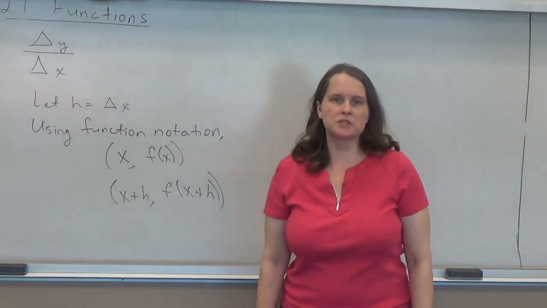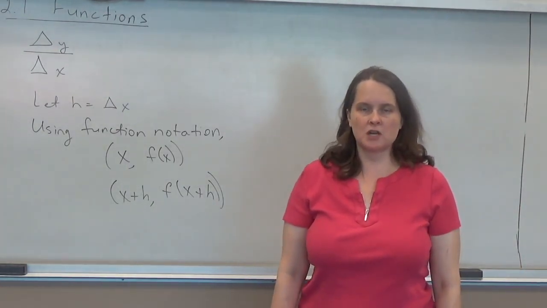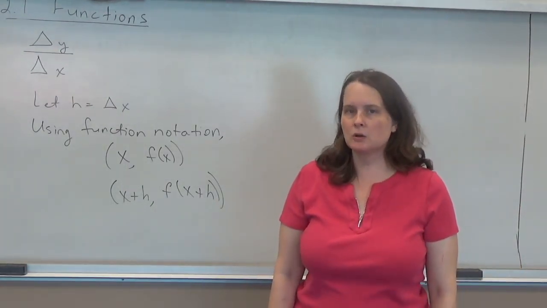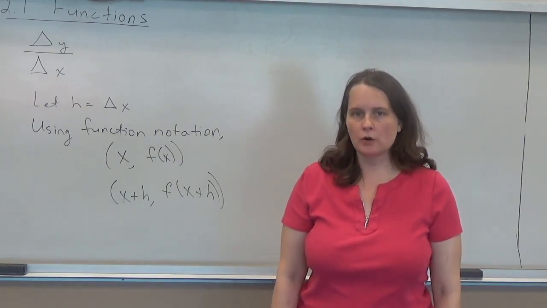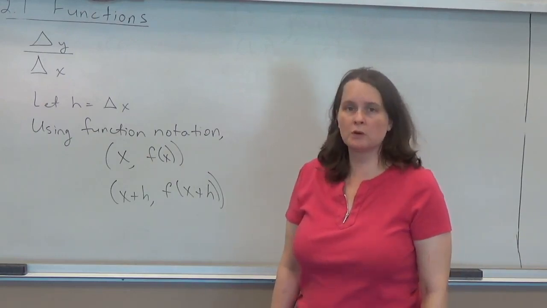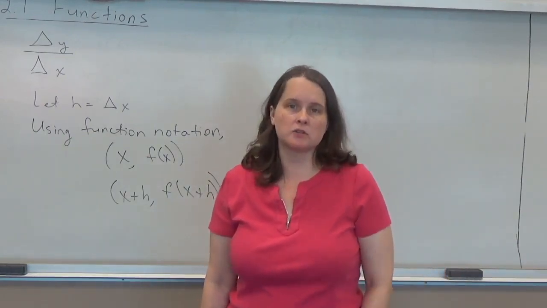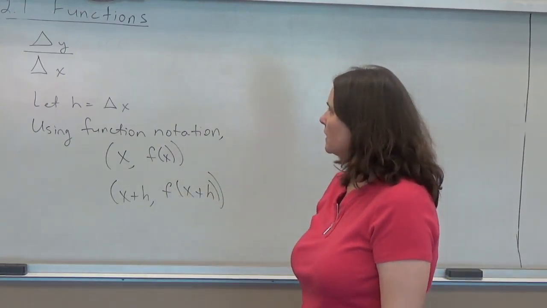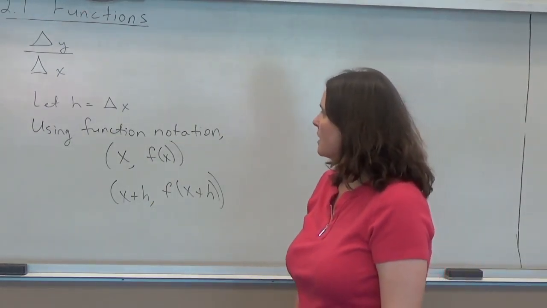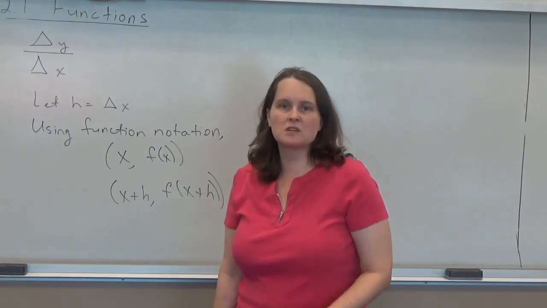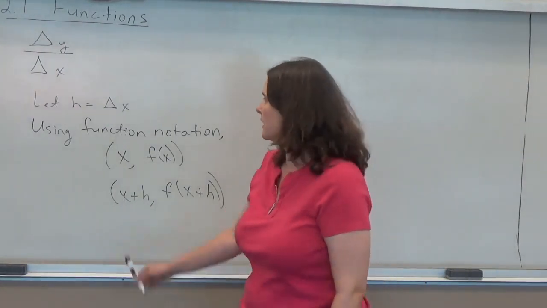So with the example that we just did using average rate of change, we were still working with a linear model. If we want to extend that to a curve, we're going to want to extend our concept of the average rate of change, still thinking of this in terms of change in y over change in x. We're just going to substitute our change in x with the letter h.